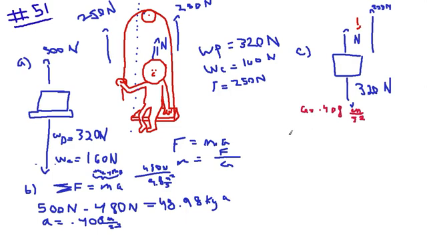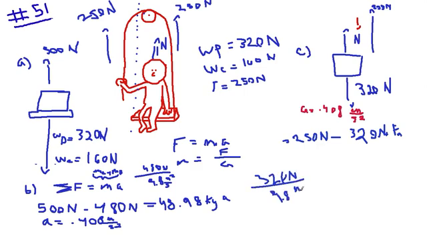Focusing on the tension on the top, we have 250 newtons minus 320 newtons plus the normal force, equal to mass times acceleration. To find the mass of this object, we divide 320 newtons by 9.8 meters per second squared.